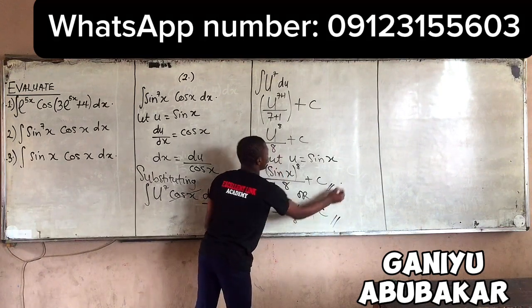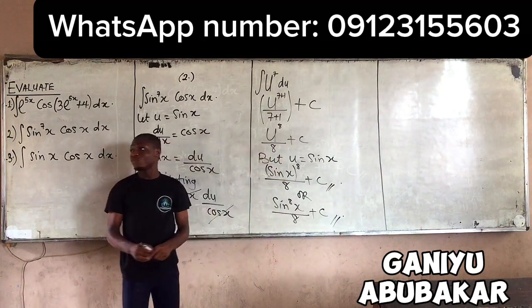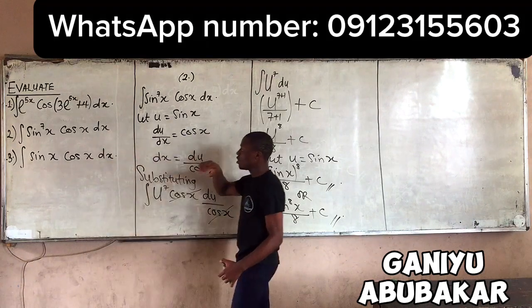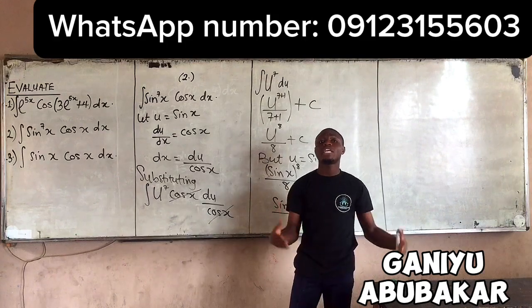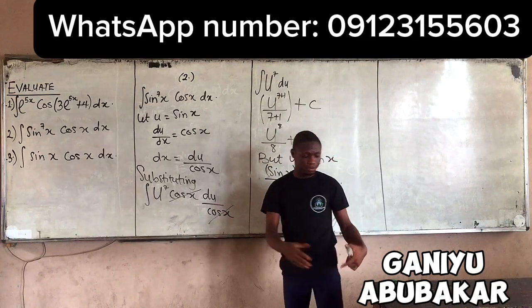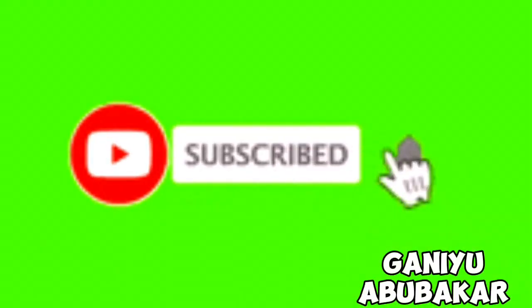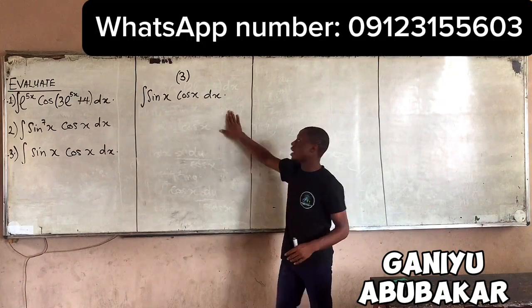So all over 8 plus c. This is correct. So we have solved question 2, right? So let's solve question 3 and let's look into another concept under integration. Alright, so let's solve this here.